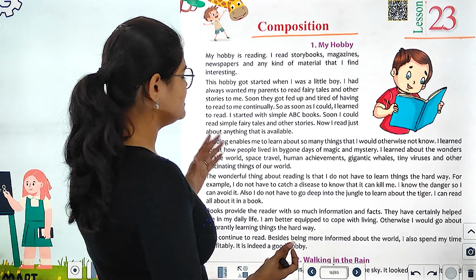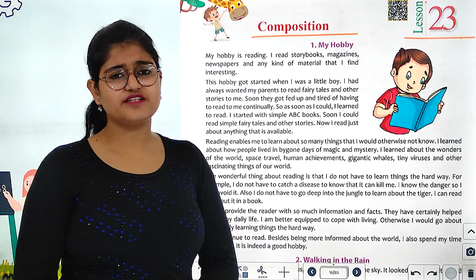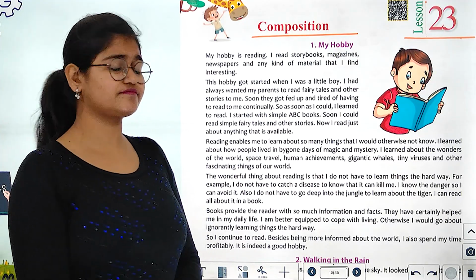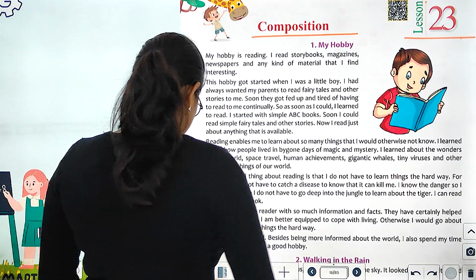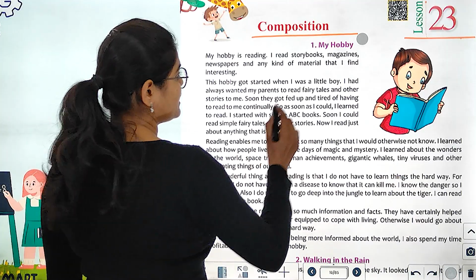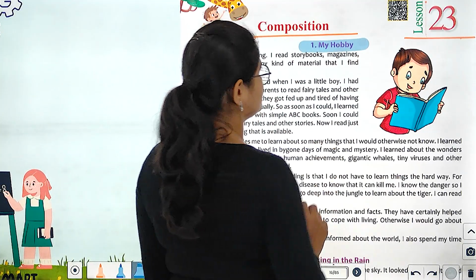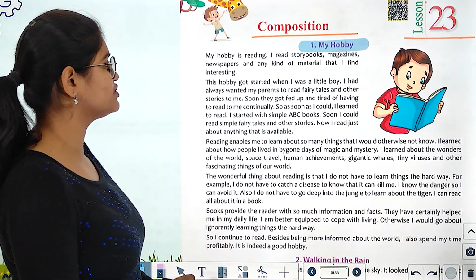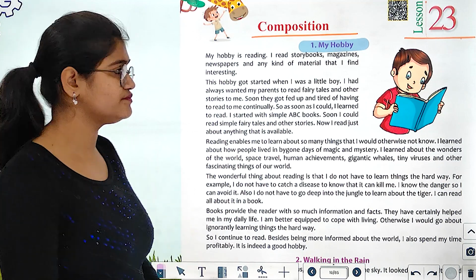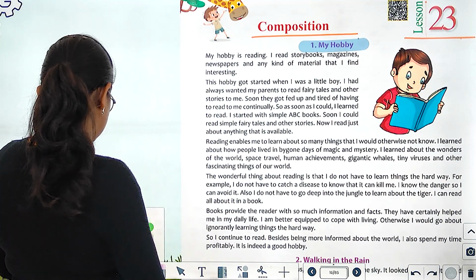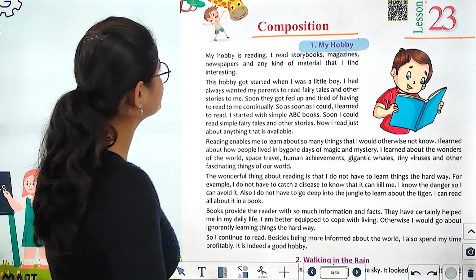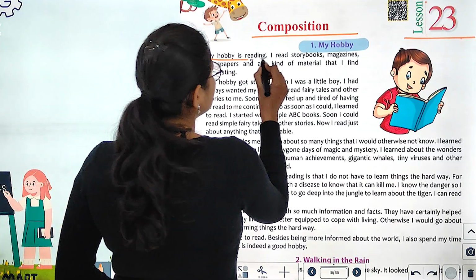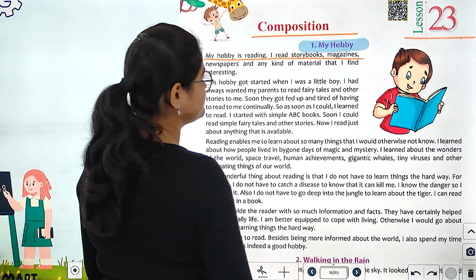So let us read the examples जो हमें यहाँ पर दिए गए हैं. So first of all we have the topic which is my hobby. So let's begin. My hobby is reading.